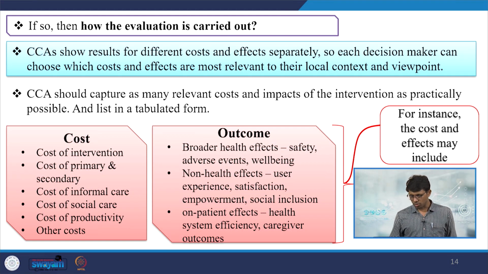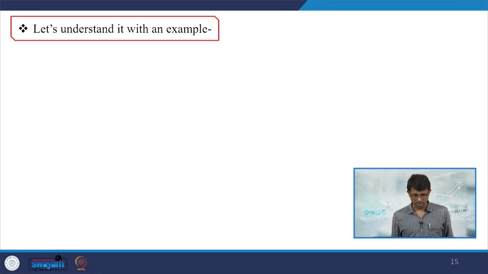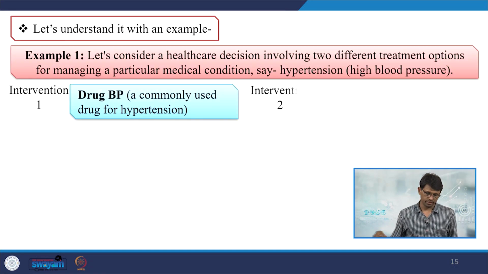In terms of outcome, the effects are noted, the broader health effects such as safety, adverse events, well-being, and even non-health effects such as user experience, satisfaction, empowerment, social inclusion. On patient effects such as health system efficiency, caregiver outcomes are also noted.